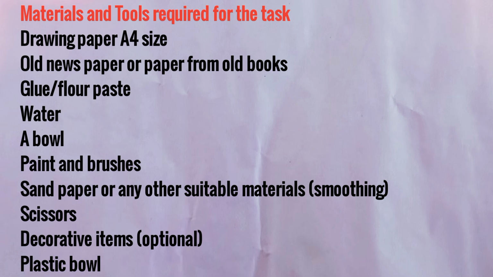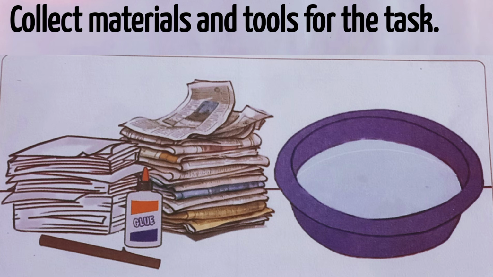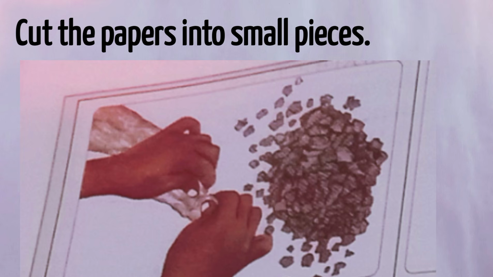So from there, now we have the steps to prepare paper mache. After assembling the materials and tools, the first step is to prepare the paper mache itself. And the first step, as you can see, is to collect materials and tools for the task, the ones we have highlighted above. Then the second one, we are going to cut the papers into small pieces, as you can see on my video there, the illustration.